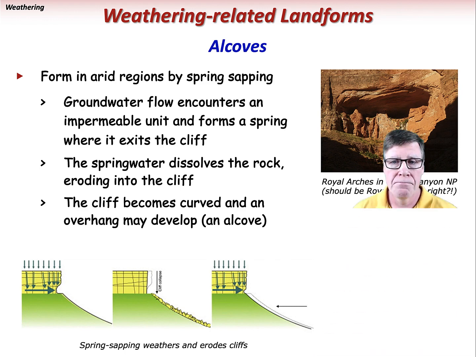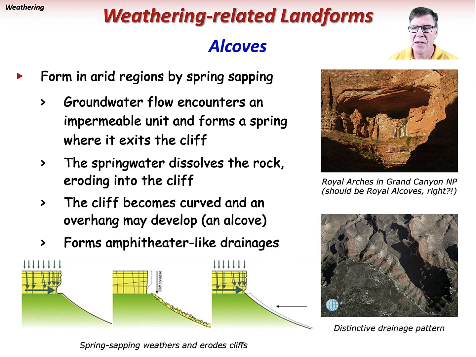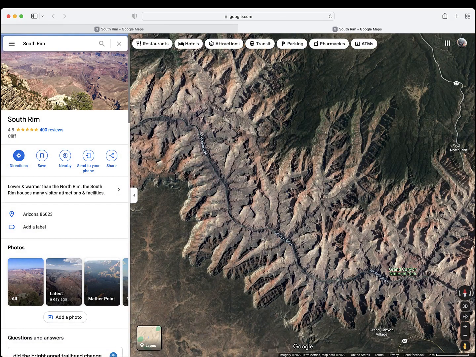And given the nature of groundwater flow, spring sapping leaves a distinctive mark on the landscape, as can be seen in the Grand Canyon, with its innumerable amphitheater-like stream drainages walled by scalped cliffs. Here's the eastern portion of Grand Canyon National Park.